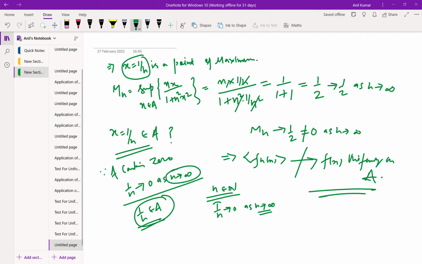So we can always find such a point in a neighborhood of 0: we can always find a point of type 1/n in a neighborhood of 0 by choosing n to be very, very large, sufficiently large, right. So this given sequence does not converge uniformly on the given set A, right.